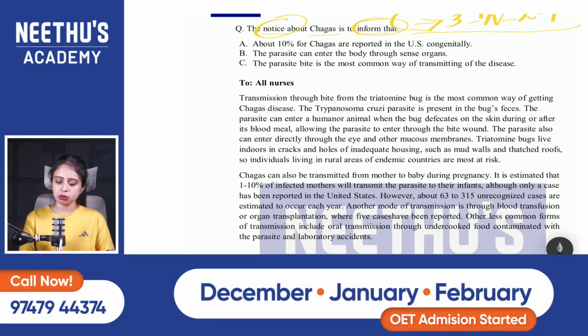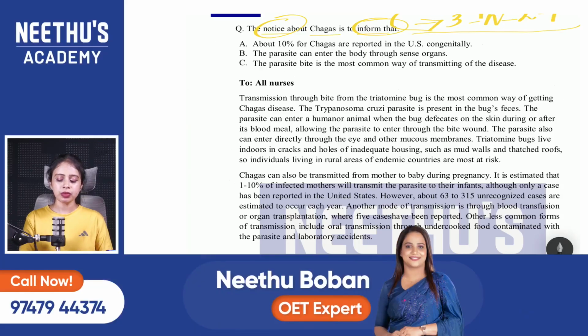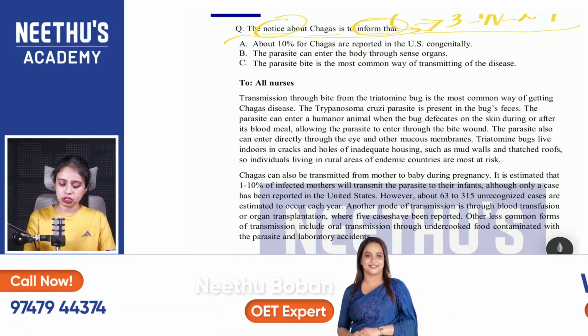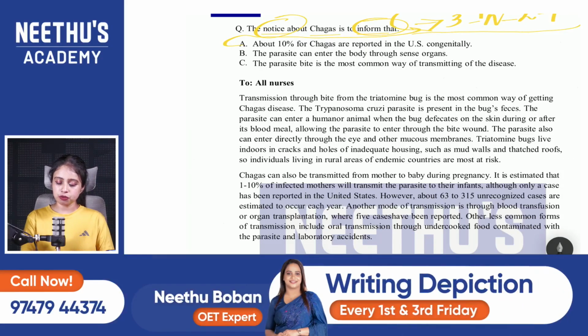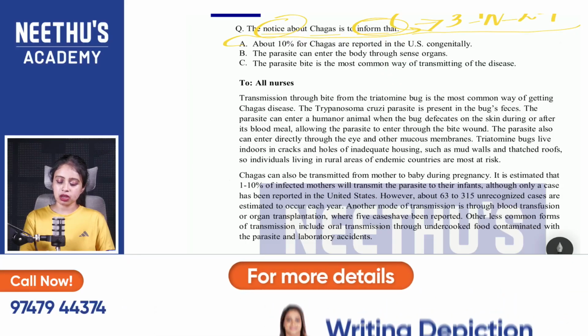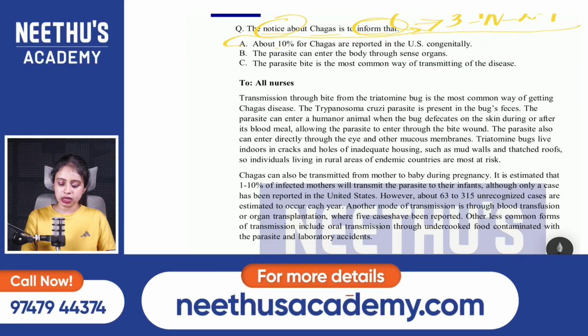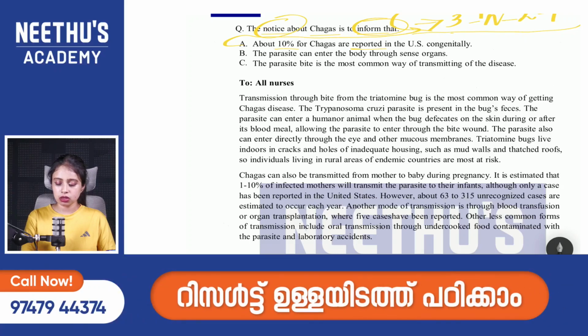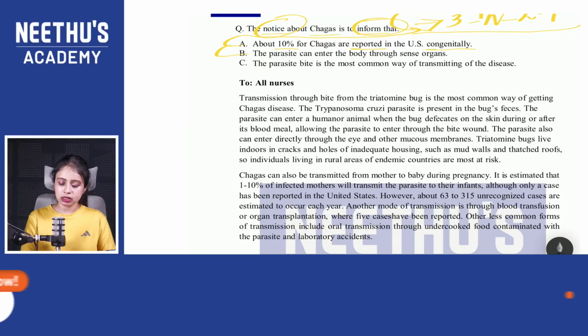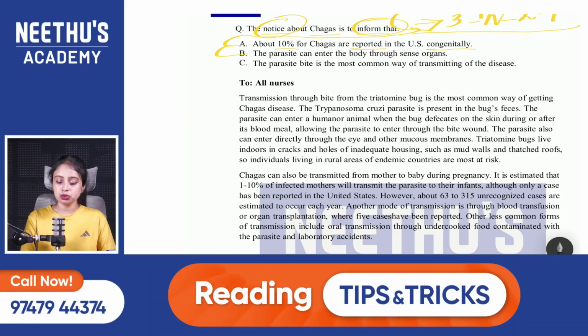Read the options. Now we have understood the question, this is from the third category. Now I'm going to read the options. Option A, Chagas is to inform that about 10% of Chagas are reported in the US congenitally. My keywords: 10%, reported, congenitally. Option B, inform that the parasite can enter the body through sense organs.